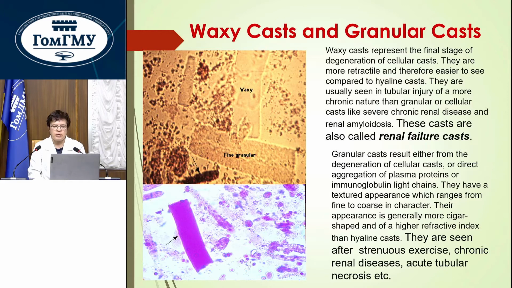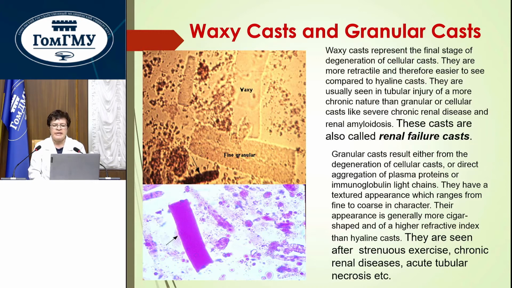It's very important. Granular casts result either from the degeneration of cellular casts or direct aggregation of plasma proteins or immunoglobulin light chains. They have a textured appearance which ranges from fine to coarse.